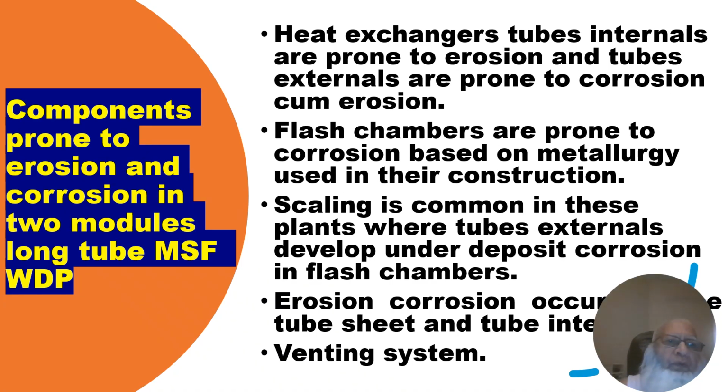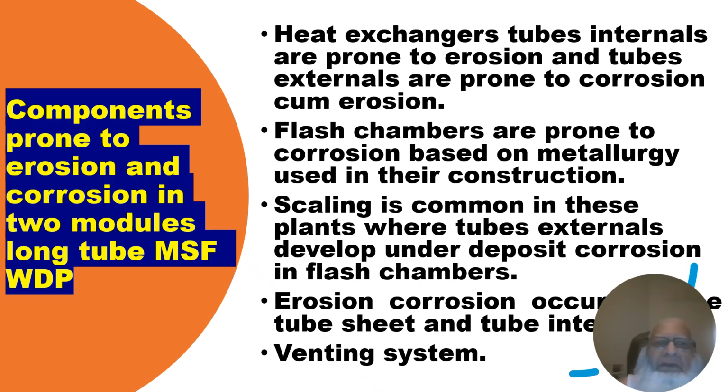Components prone to corrosion and erosion in two modules, long tube MSF WDP. Heat exchanger tube internals are prone to erosion and tube externals are prone to corrosion and erosion. Flash chambers are prone to corrosion based on metallurgy used in their construction.